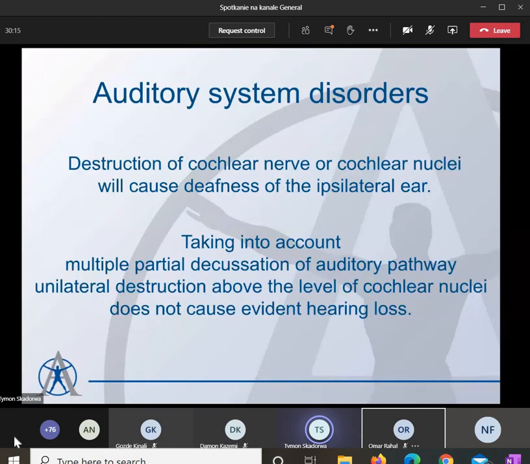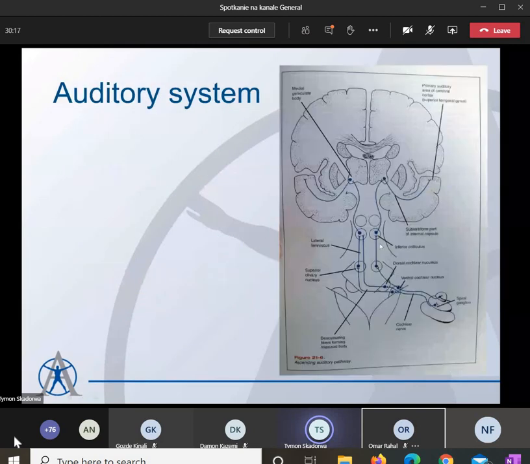Here, if we have damage somewhere above the level of the cochlear nuclei, it is different, because if you cut the vestibulocochlear nerve, there is no transmission from one ear, and you have deafness of one ear. This is obvious. But if the damage is somewhere above, then the information may still come from the contralateral side.